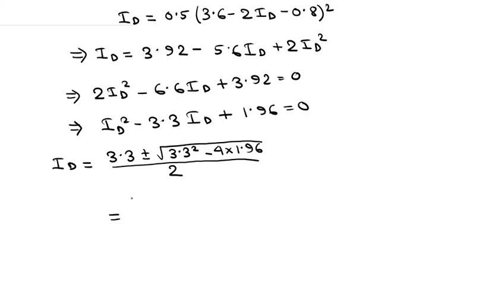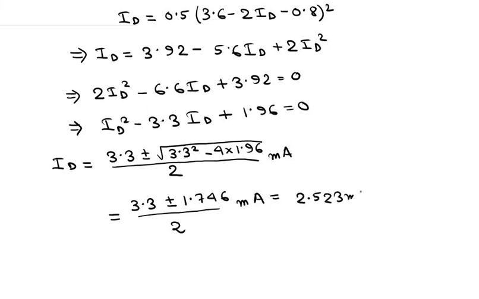This is 3.3 plus minus 1.746 divided by 2, and this is in milliamperes, because Kn was in milliampere per volt square. The plus sign gives me 2.523 milliamperes and the minus sign gives me 0.77 milliamperes. We have two answers here.